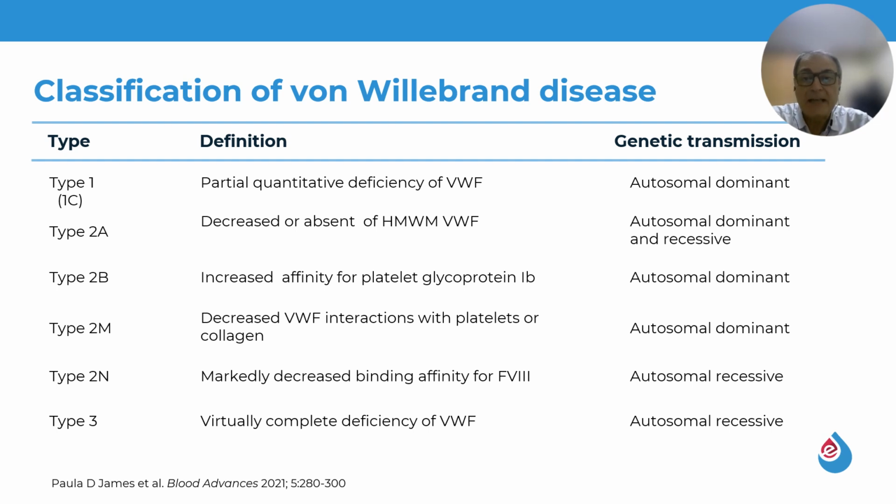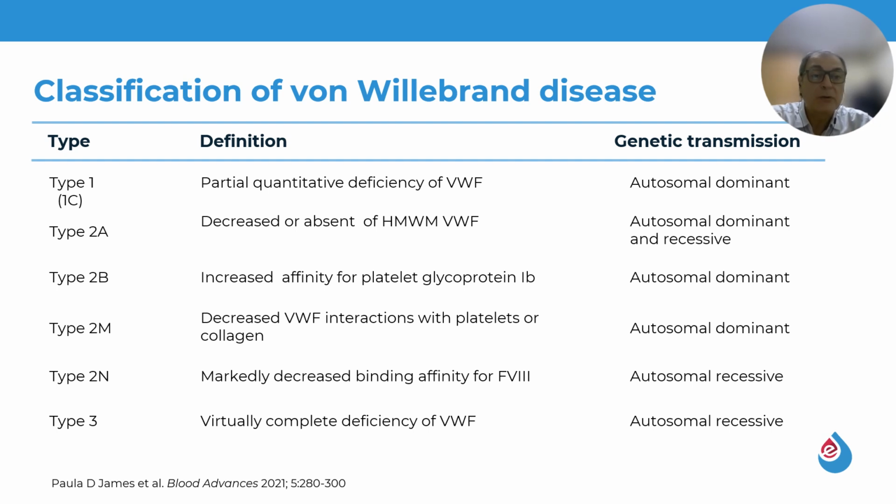Based on the ISTH classification, von Willebrand disease patients are divided into three types. Type 1 and 3 are characterized by a partial or complete deficiency of von Willebrand factor, whereas Type 2 is due to qualitative defects of von Willebrand factor. Type 2A is characterized by decreased or absent high molecular weight multimers. Type 2B results from a gain of function in von Willebrand factor that increases its affinity for platelets.